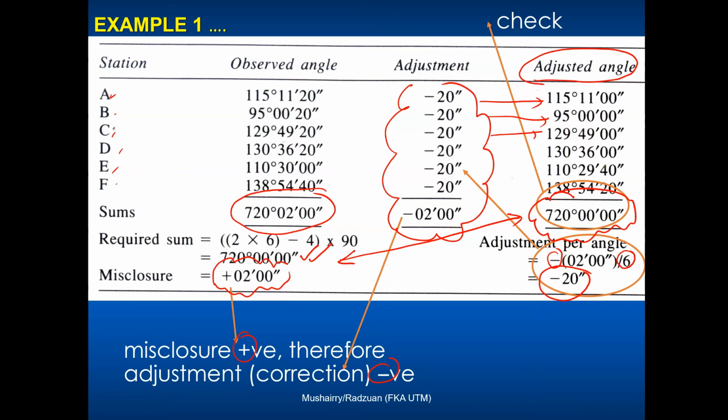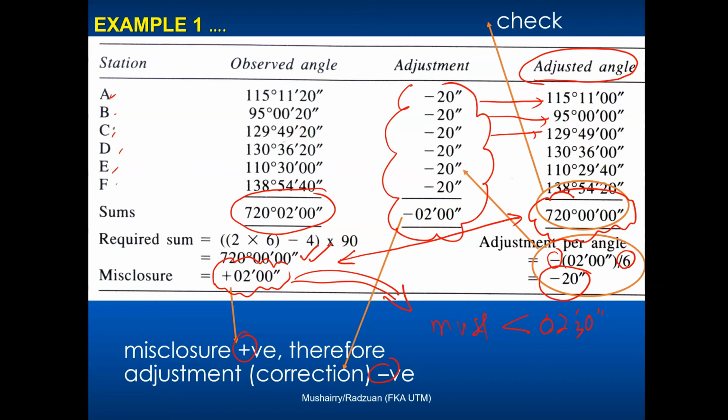The important thing to remember is that this misclosure must be less than 0 minutes 30 seconds. If it's more than that, such as 2 minutes 30 seconds, you have to re-observe.